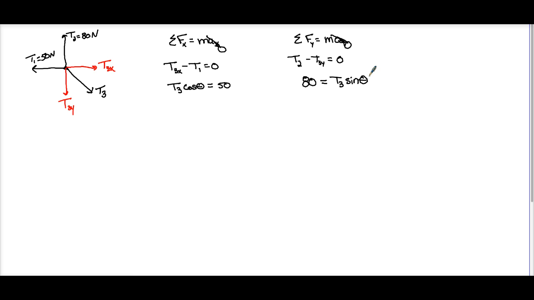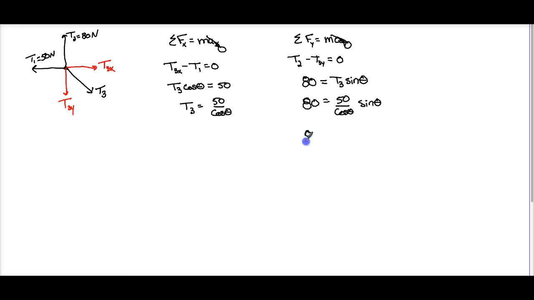So what I'm going to actually do is go back to the x component over here, and I'm going to say that T sub 3 is equal to 50 over the cosine of theta. Then I'll take this information right here and plug it in right up here. So I get 80 is equal to 50 over the cosine of theta, times sine theta.